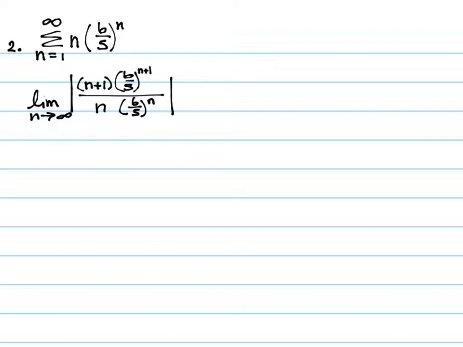Once again, the absolute values don't really matter because this is always going to be positive anyway. So if you wanted to leave them off, it wouldn't be wrong. Why do you think that it might be nice to use the ratio test here? Do you see anything that's kind of conveniently going to simplify? 6/5, yeah. Yeah, the 6/5 to the n.